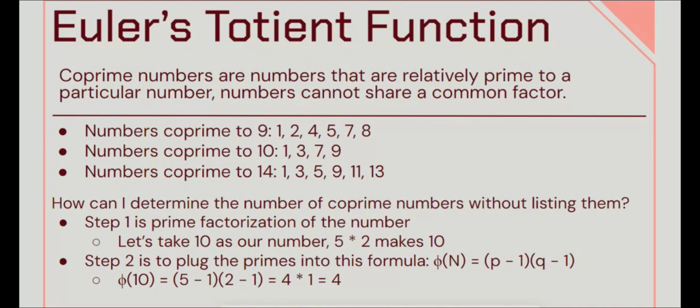The next step is to plug it into this formula: phi of n is equal to p minus 1 times q minus 1. If you plug in our number 10 with prime factorization 5 and 2, phi of 10 is equal to 5 minus 1 times 2 minus 1, which is 4 times 1, which is equal to 4. And if we look at the top, we can see that 1, 3, 7, 9, 4 numbers are coprime to 10.